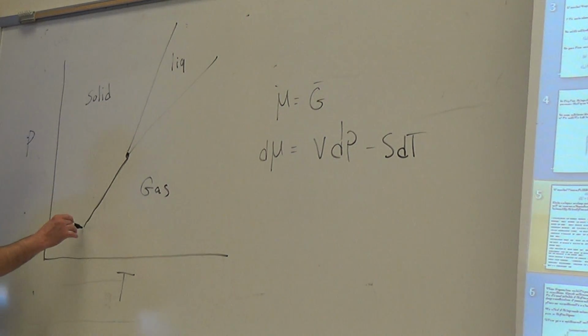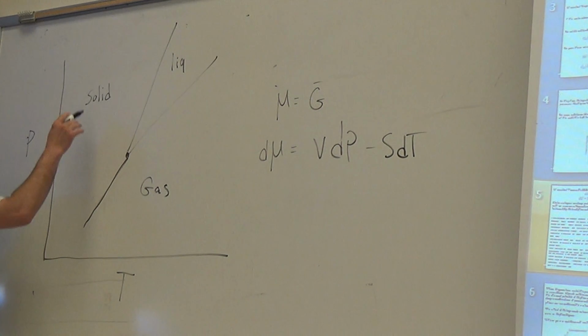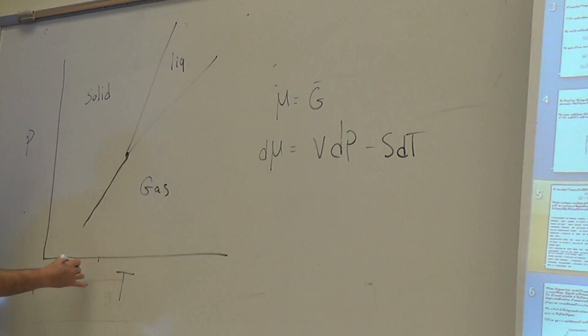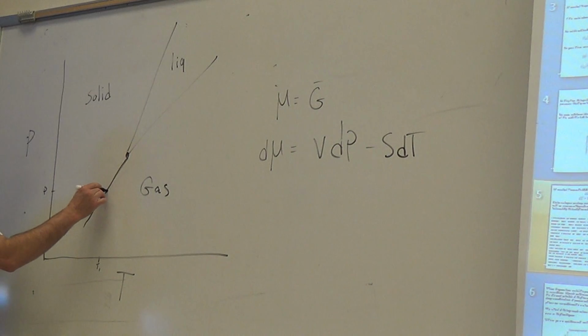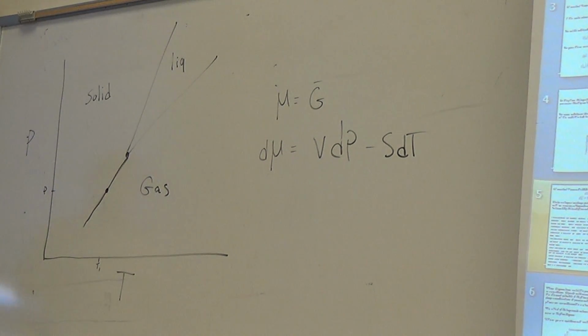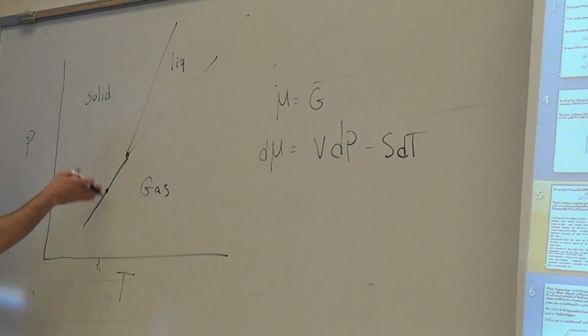So if we move along this boundary between the solid and the gas, if we're at this particular temperature and this particular pressure, exactly right there, then our solid and our gas phases would be in equilibrium, right? Because this line is defined as the equilibrium line for these guys.